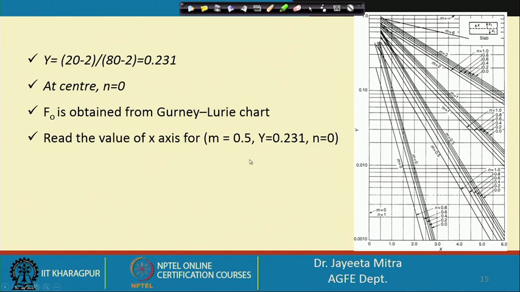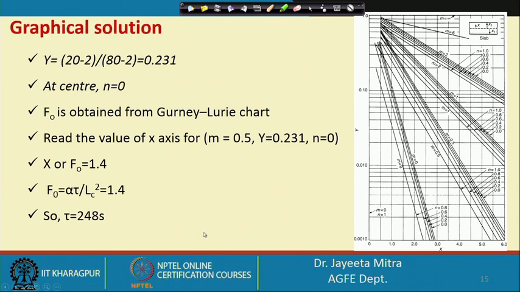Okay. So, Fourier number is coming 1.4 using these values, and Fourier number is alpha t by L c square. So, it is 1.4. So, from here we can calculate the time, that is 248 second.